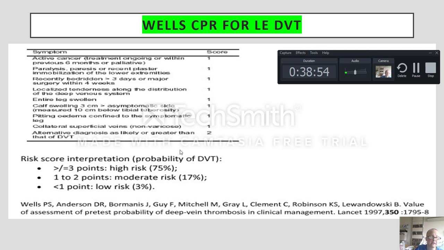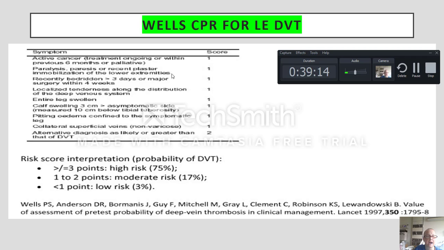So if you look down here at the bottom, a score of 1 to 2 points is a moderate risk, 17%. So active cancer has a 17% risk for a lower extremity DVT.